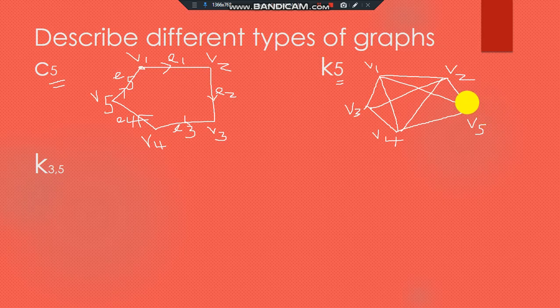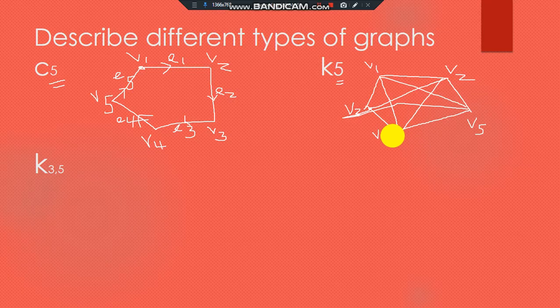Now come to the next vertex. I am joining this vertex with all other vertices. This is already joined, this is already joined, and V3 and V5 are not joined. Now I am joining them.